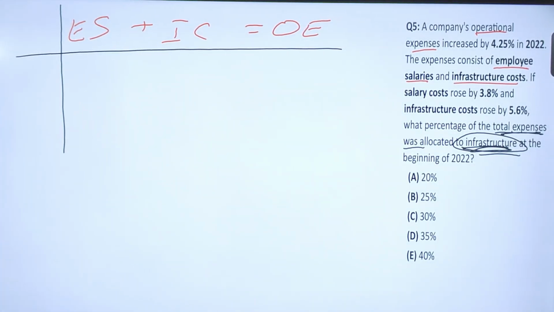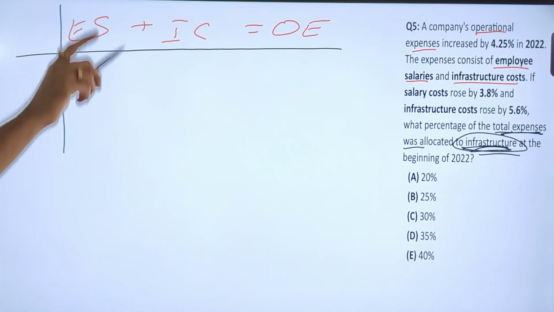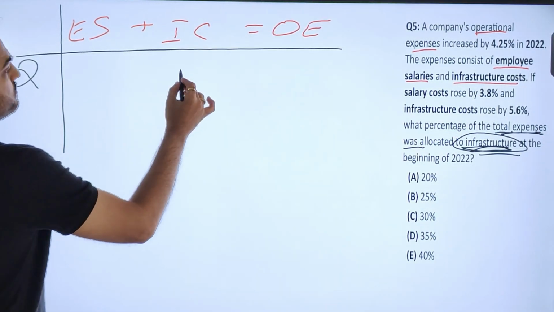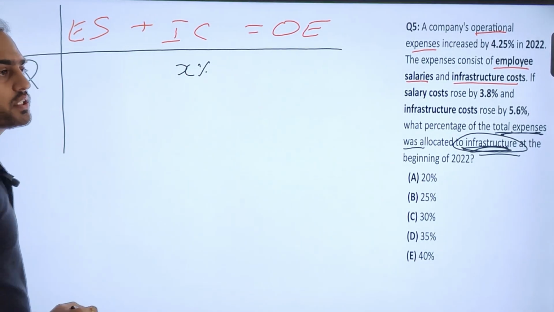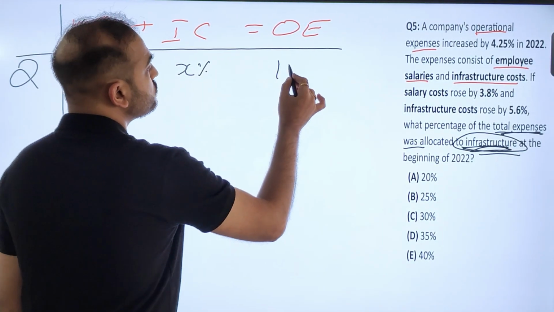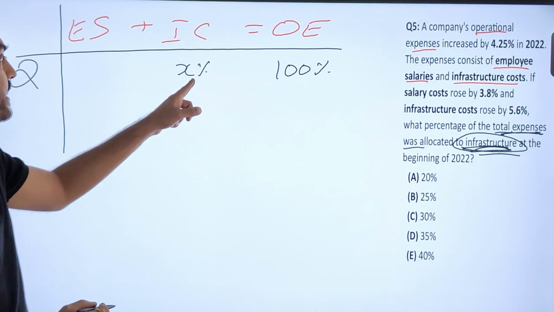So they have asked quantity of infrastructure but with respect to percentage. So let's say infrastructure is X%. Now total expenses I know are 100% because everything is 100% in total. So total expenses are 100%.